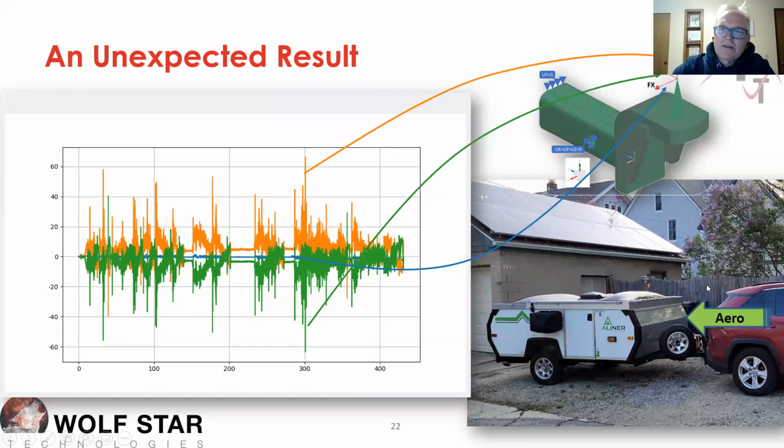The problem is that as I'm going down the highway, I'm getting a lot of aerodynamic loading on this trailer. It's basically like pulling a big sheet of plywood through the air, and I'm getting all this aerodynamic loading on it, and it's causing this trailer to push backwards and lift up the trailer hitch. So there's a lot of unexpected upward loading on my trailer hitch, which I would have never thought of. So this is a very interesting result.